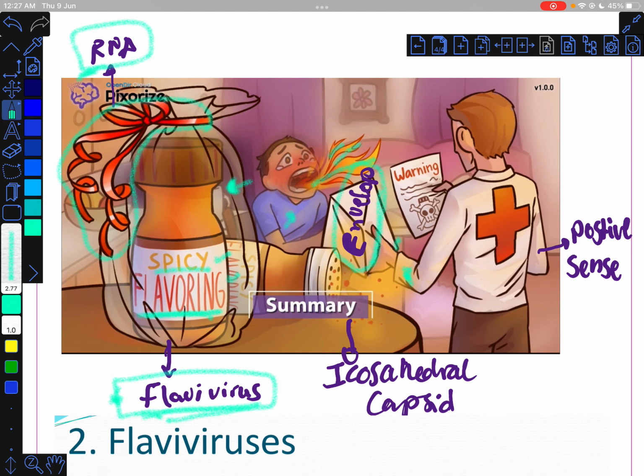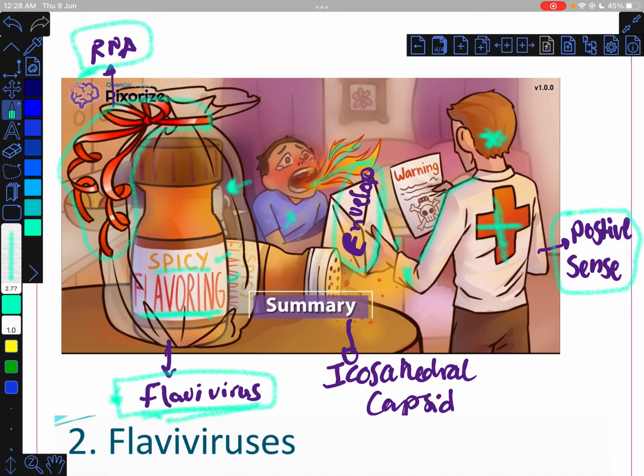So is it negative sense or positive sense? Look at the medical team helper here. On his t-shirt, what does he have? He has a positive sign, and this positive sign means that it is a positive sense RNA virus. Okay.